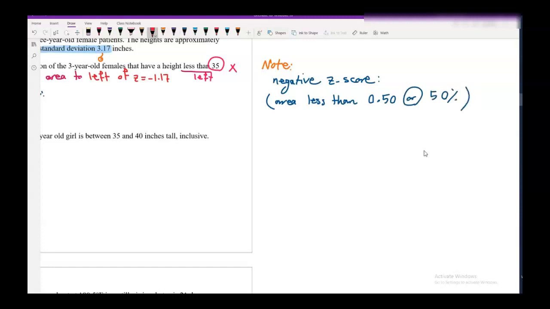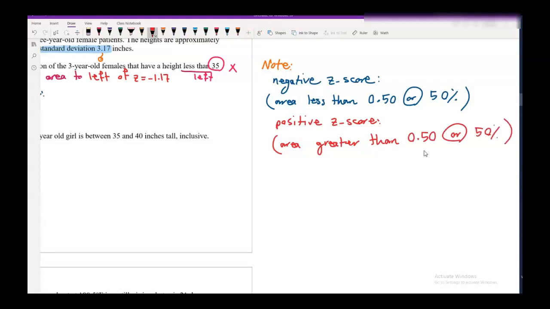And then we have a positive z-score, for which the area is greater than 50%. So here in between we have z as 0, and on the right side we have positive z-scores.